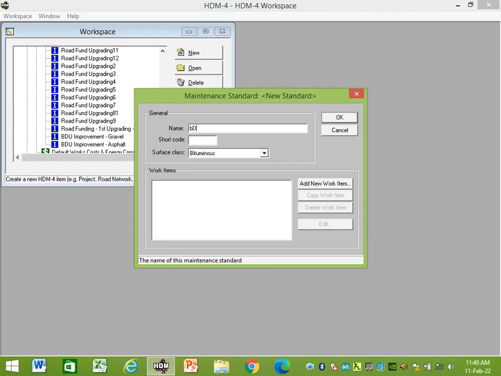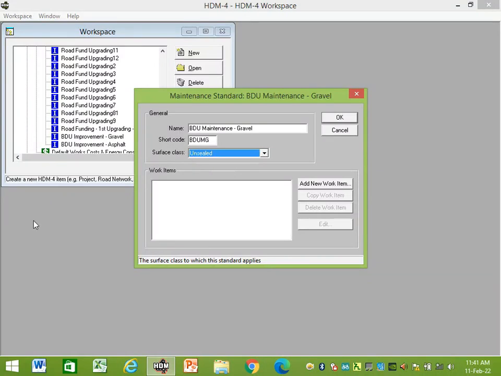BDU maintenance gravel. So this surface class should be gravel, not unsealed.